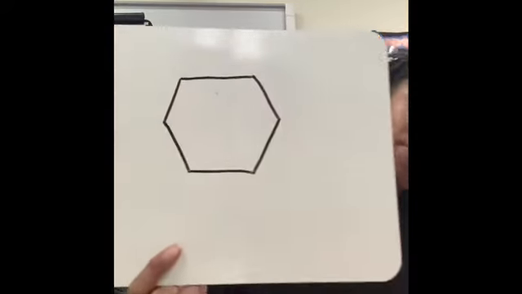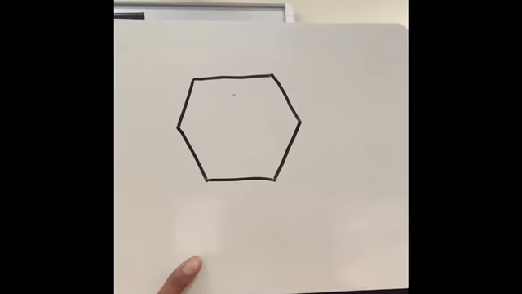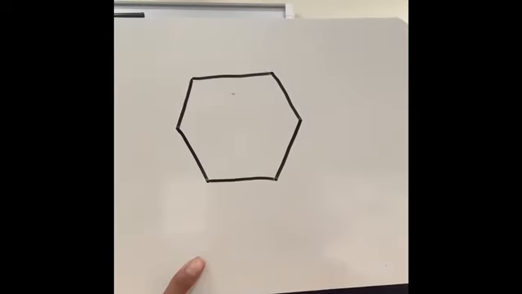I gotta look at my picture to make sure I draw it perfect. All right, this isn't the most beautiful version, but what shape is this? It has 6 sides. All right, now let's try another one. I gotta look at my drawing.